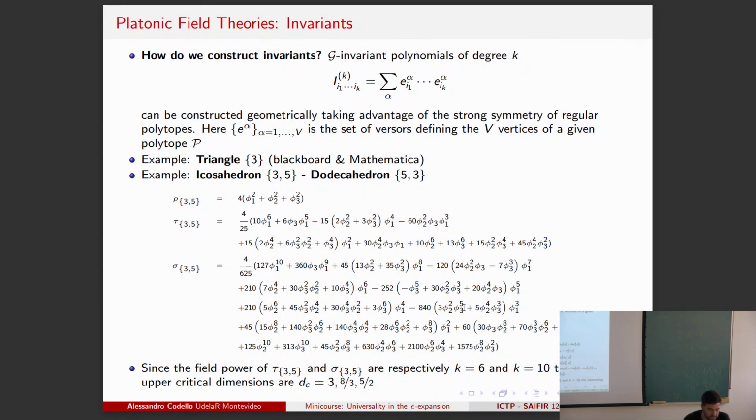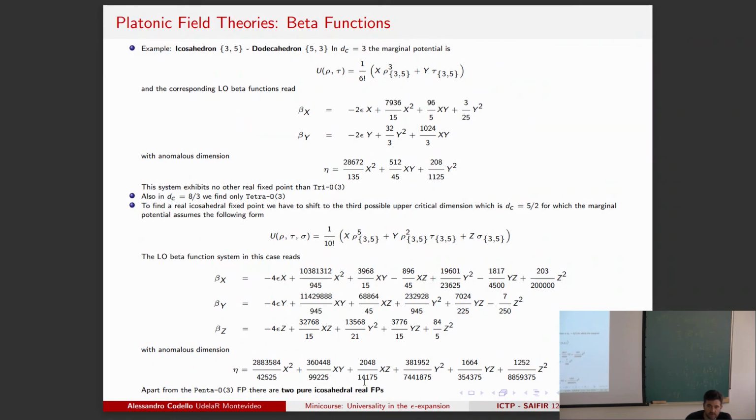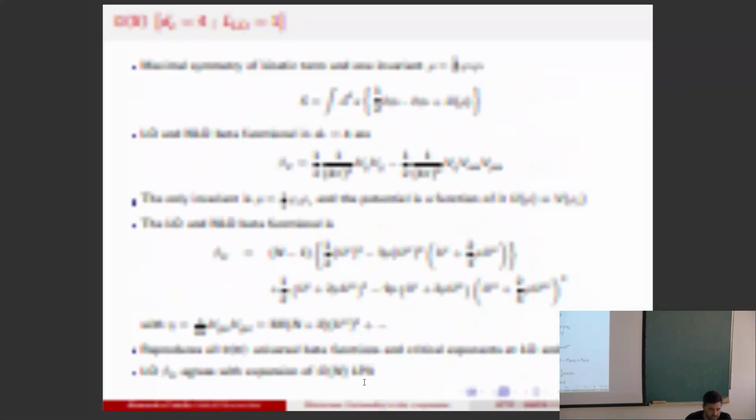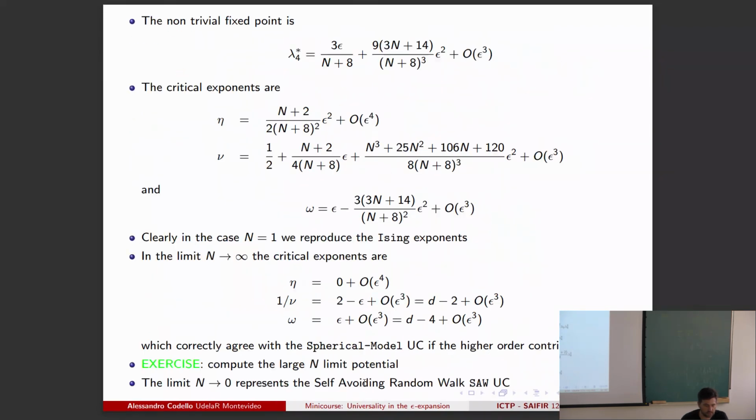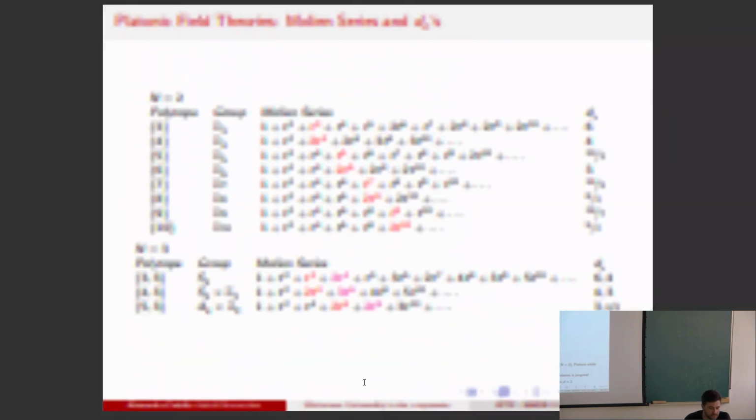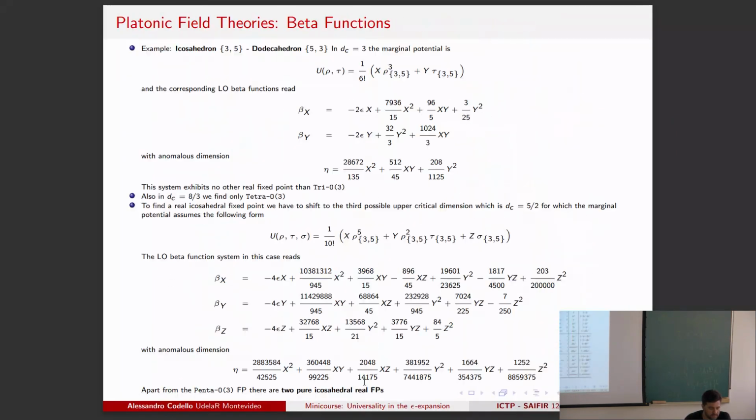It's only when we use all of them that we are forced to use this page of beta functions, which is an 8-loop calculation. We are able to find a system of beta functions with this marginal coupling that has real icosahedral symmetry. And there are actually 2 fixed points.